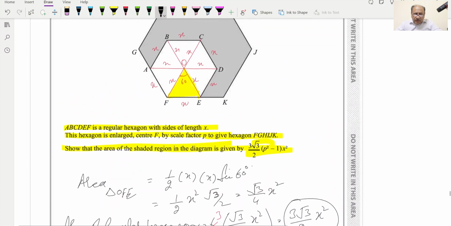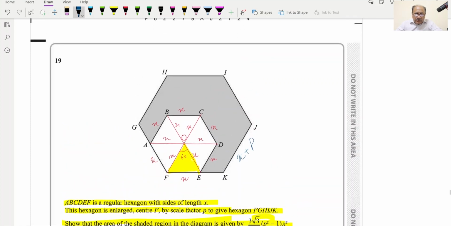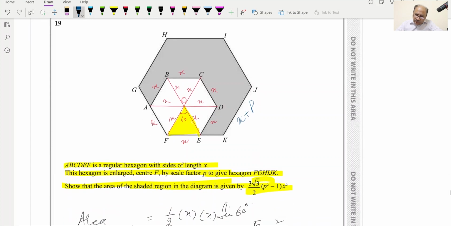Now we can take this one area as length x plus p, and similarly instead of x plus p we'll take xp, this one also xp, and this side will also be xp.